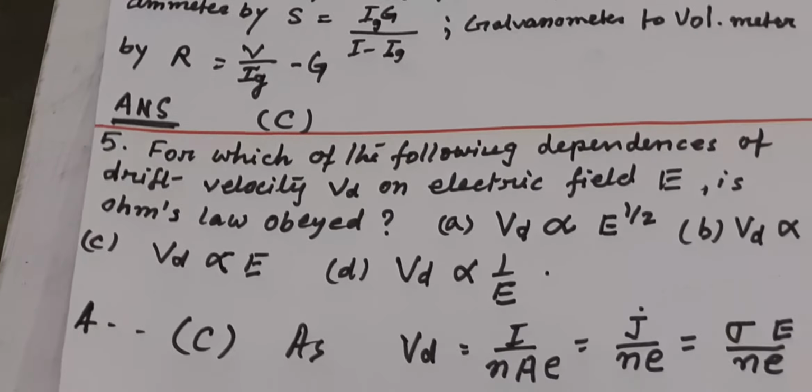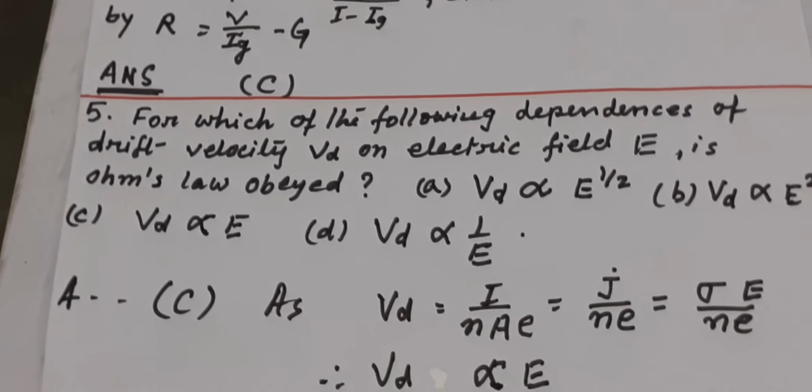Next question number 5. For which of the following is the dependence of drift velocity v_d on electric field E, of course with Ohm's law to be obeyed?